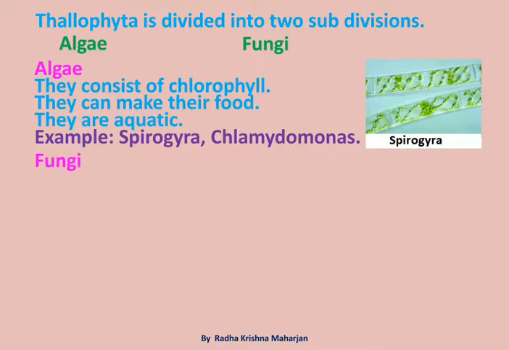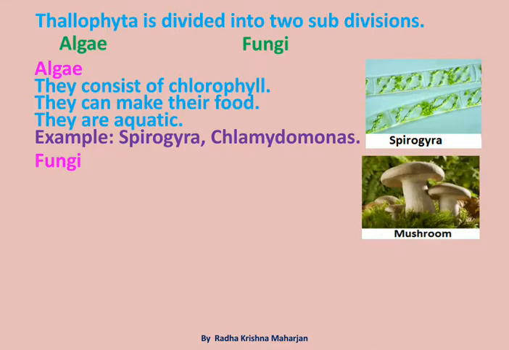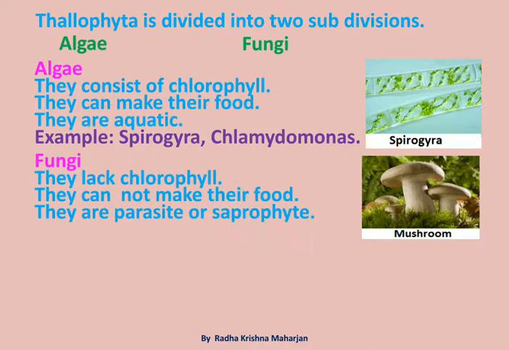Fungi. They lack chlorophyll. They cannot make their food. They are parasite or saprophyte. Example: mushroom, mucor.